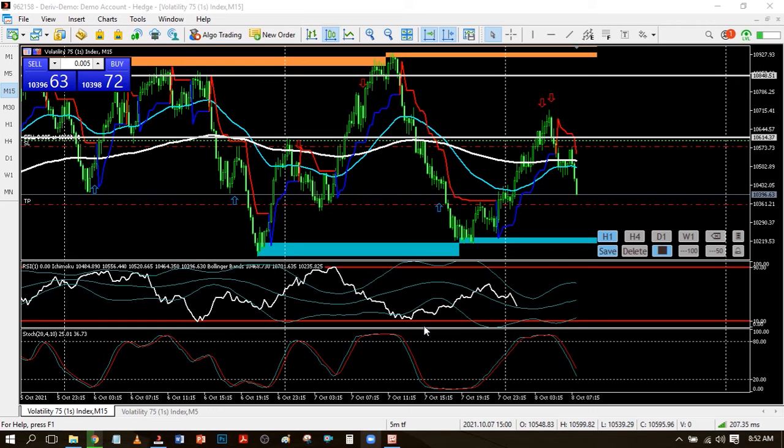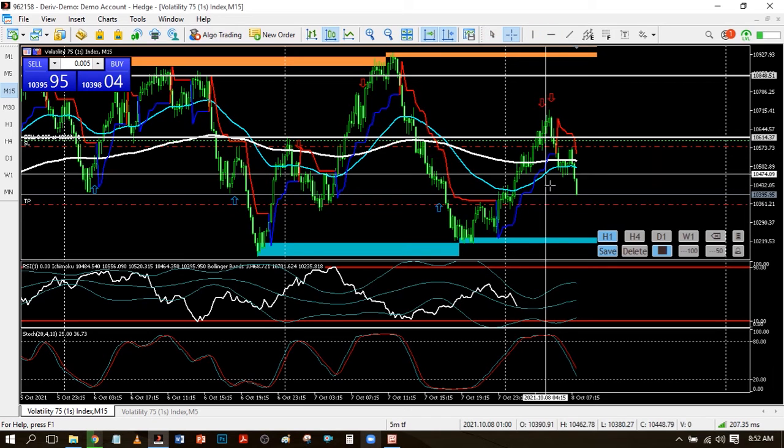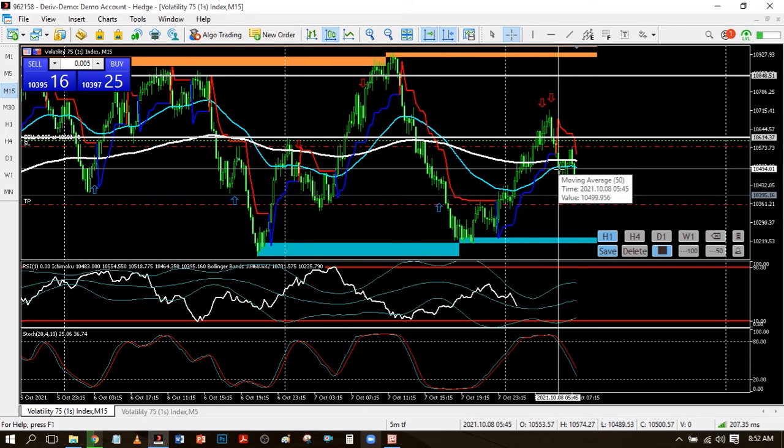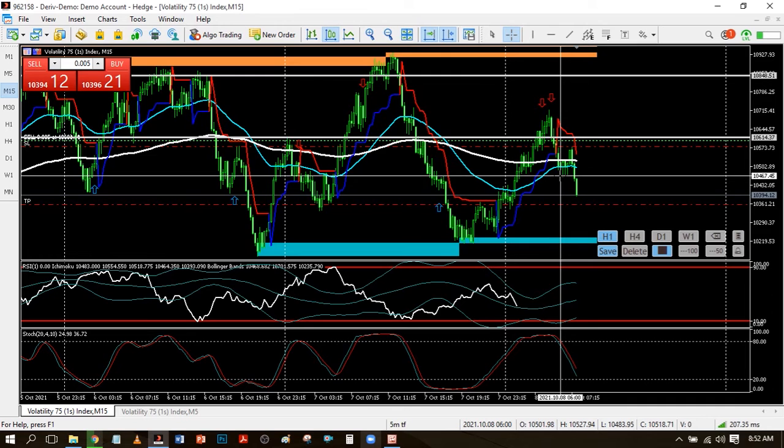Okay, so now you can see what is happening here. The trend is just going crazy, guys. It's awesome. This is the power of the trend trailer indicator, guys. I was away when the trade got to this particular level right here.